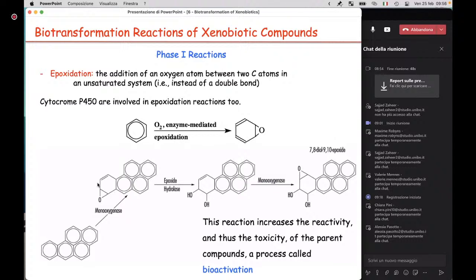Okay, so they can undergo multiple, just like this, first here and then here. They can undergo several consecutive epoxidation reactions, and every one of those reactions produces a reactive compound that can be toxic. Okay, so of course they can become quite toxic through biotransformation, through bioactivation.